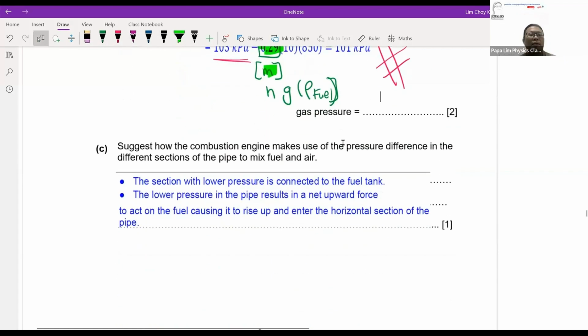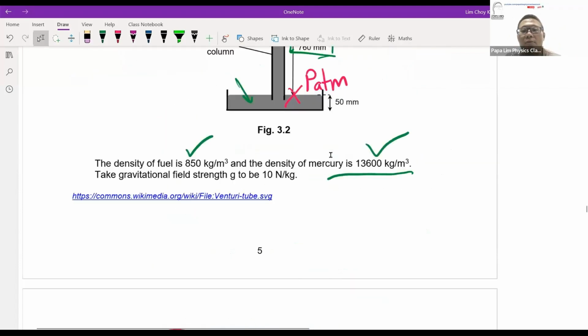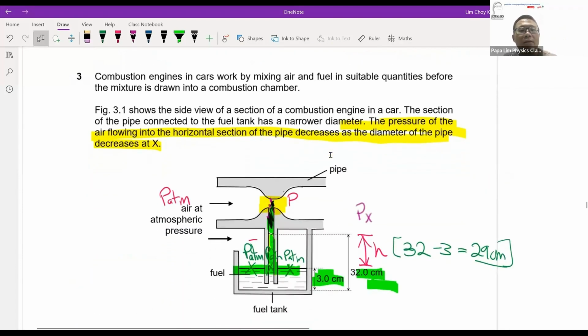Okay, state how the combustion engine makes use of the pressure difference to mix the fuel and air. Remember how the engine works: it relies on the fact that there is slightly lower pressure at X, lower than the atmospheric pressure.